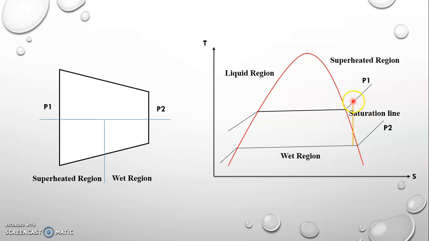The isentropic expansion happens from process 1 to 2, which crosses the wet region. Theoretically condensation would start, but in actual practice no condensation starts because the time is very short. Theoretically the condensation would start from this metastable flow.